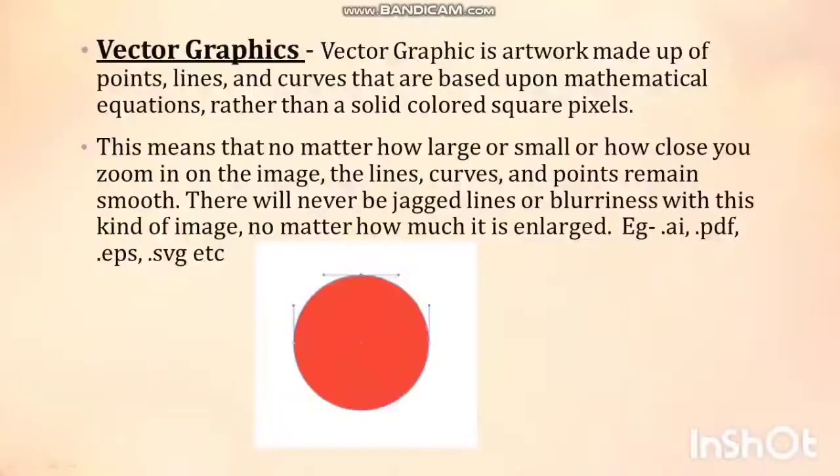So these are the two types of image formats which we have, and we'll be working with the pixel format in our Photoshop software. You need to understand that when you work with pixels, we need to be very careful. We cannot enlarge an image to a very large size, because the image gets blurry when we enlarge the pixels in a raster graphic image.